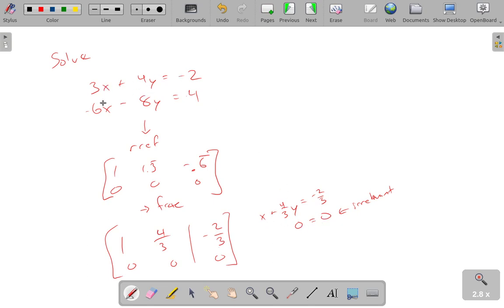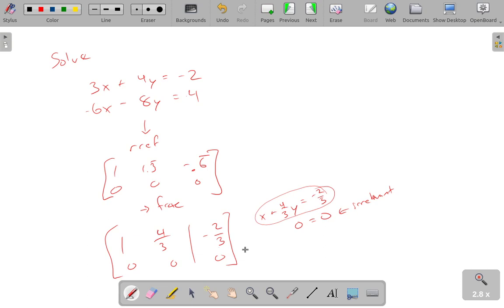Essentially, instead of there being two equations, we only have one equation. You may have noticed that this second equation, if I multiplied each of the values in this first equation by negative 2, I would exactly get that second equation. And actually this equation here is also that same equation, just slightly rearranged so that we have a 1 in front of the x.